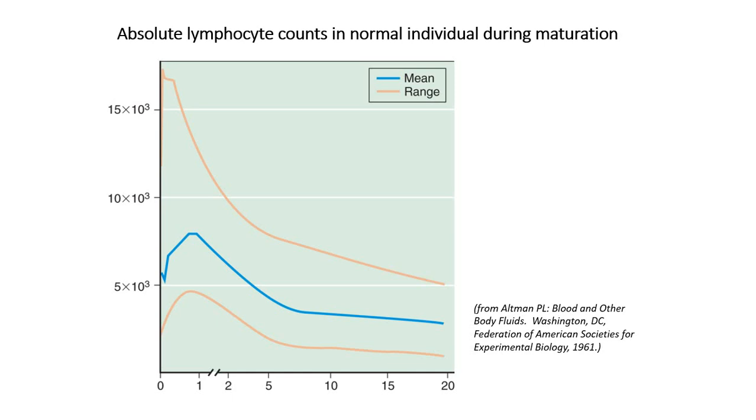So if I find somebody who is below 3,000, I am very concerned about that, and this patient needs very quick evaluation for lymphopenia.